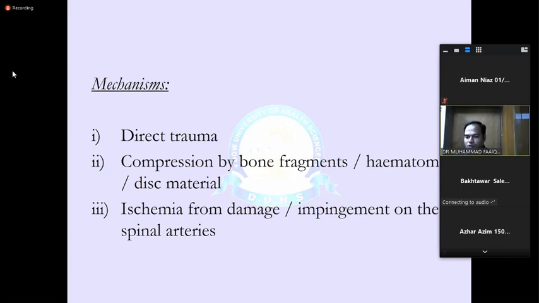And if there is no compressive element, let's say for example there is a hemorrhage, there is an ischemia, there is an infection, viral infection, say for example, this will be referred to as non-compressive myelopathy. Myelopathy has different types: traumatic, compressive, and non-compressive.